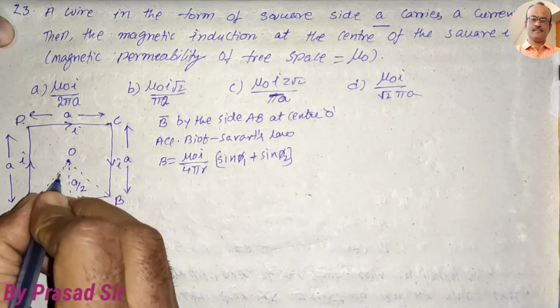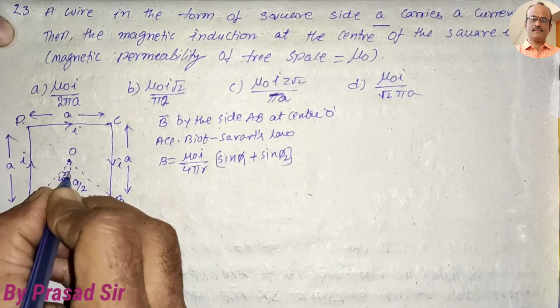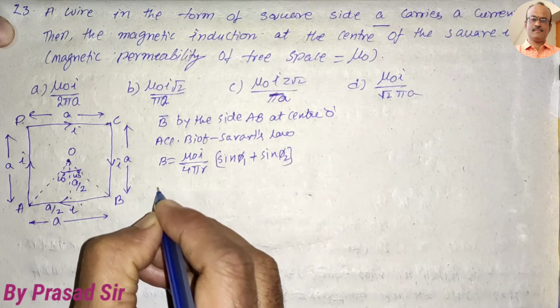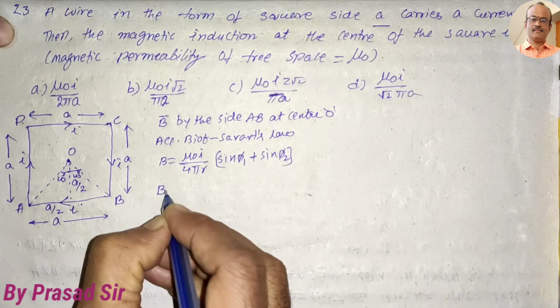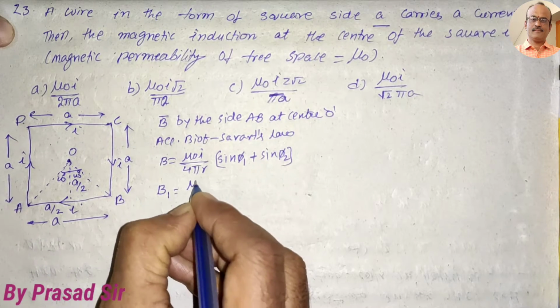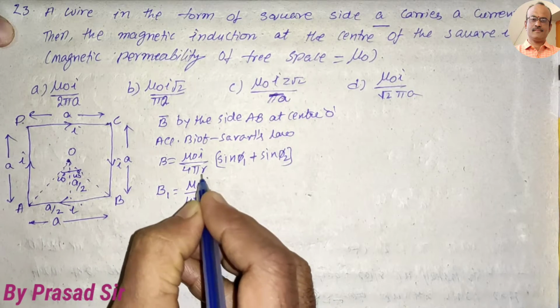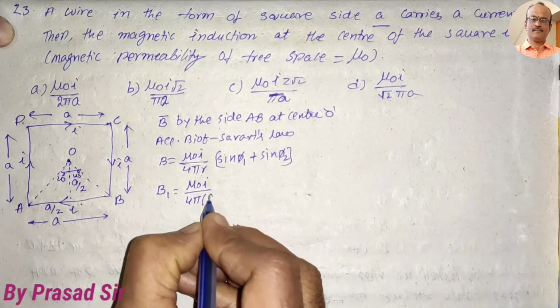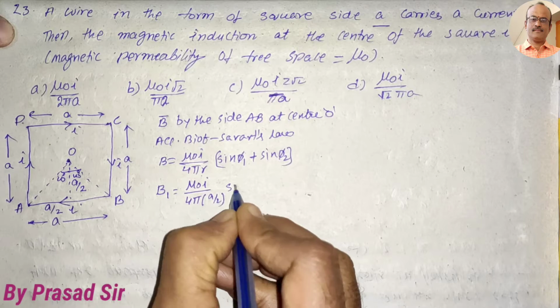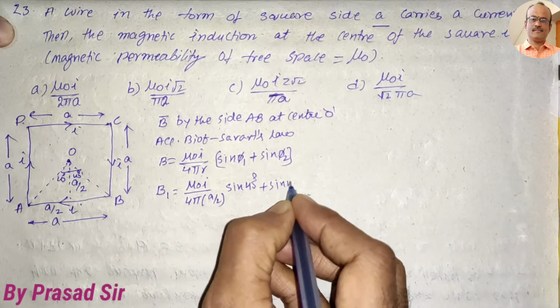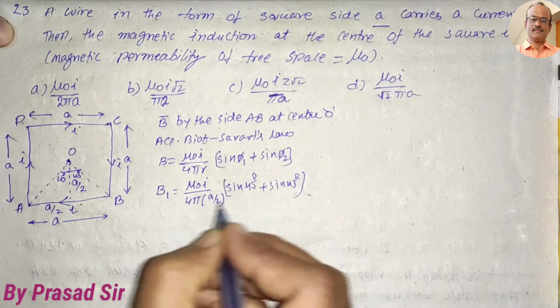This is the formula. This is 45 degrees and this is 45 degrees. So I will take this one as B1 is equal to mu naught I by 4 pi, where r is A by 2 times (sin 45 degrees plus sin 45 degrees).